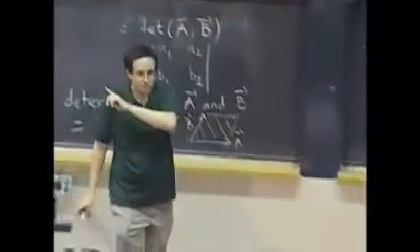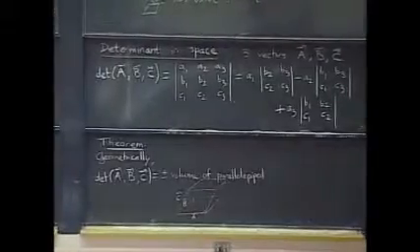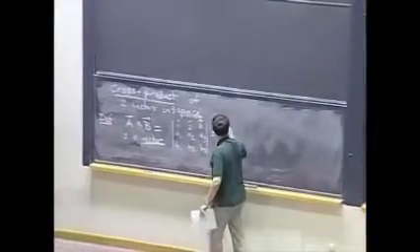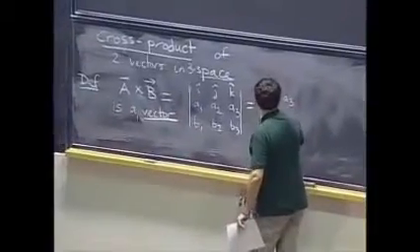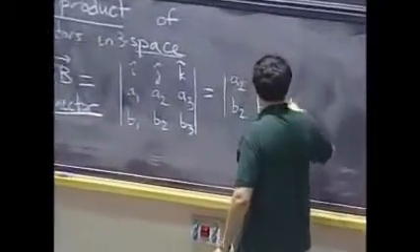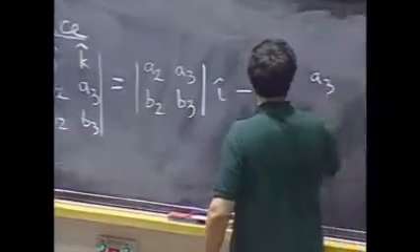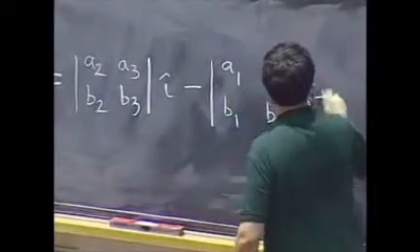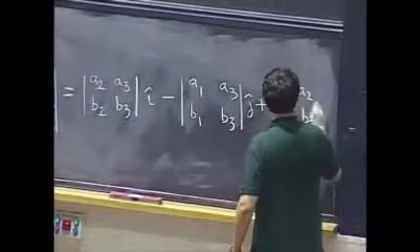So the actual formula is, well, you use this definition, and you see that it's i hat times some number. Okay, so let me write it as the determinant of A2, A3, B2, B3 times i hat, minus the determinant of A1, A3, B1, B3 times j hat, plus the determinant of A1, A2, B1, B2 times k hat.